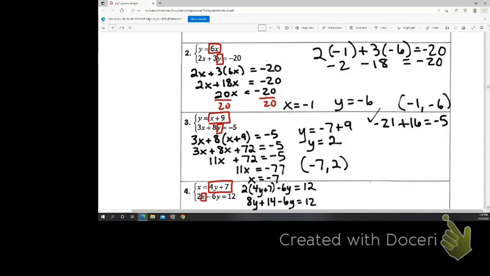And then even though those two variables, the 8y and the negative 6y, are not next to each other, they are on the same side of the equal sign. So it really is 8 and negative 6. So 2y plus 14 is 12.